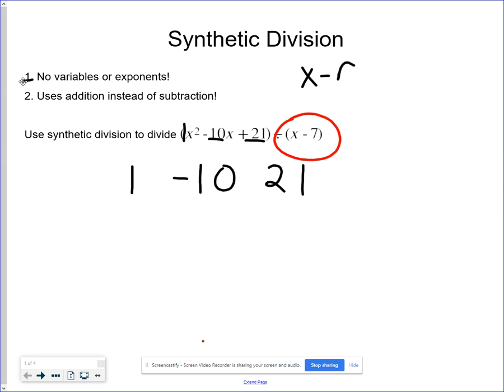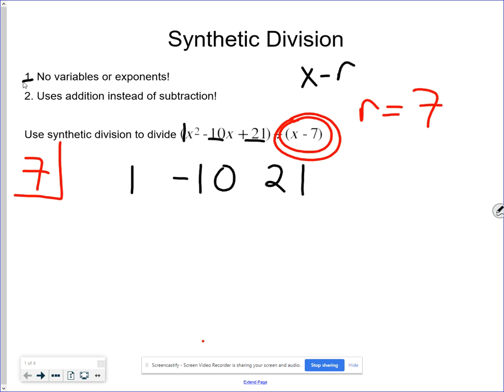Now, we're going to look at this x minus 7 here again. And I'm going to take this 7 here, since we're of the form x minus r, we're going to take r to be equal to 7 and write it in this little box up here. So it's off to the side away from the coefficients from the first polynomial.